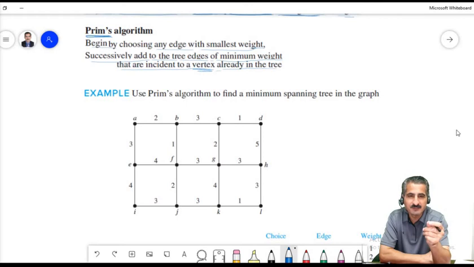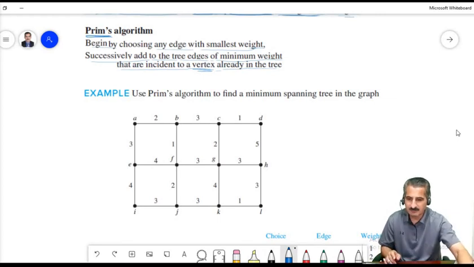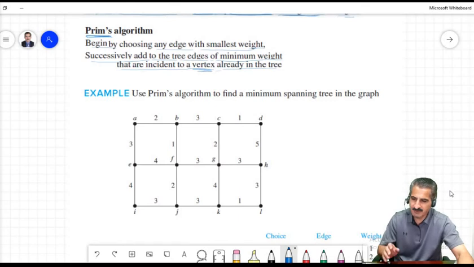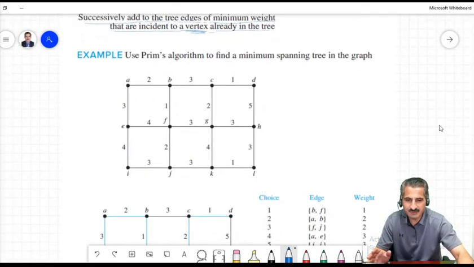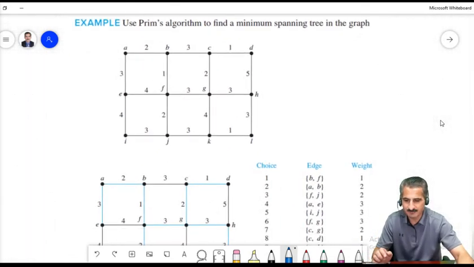And then from that vertex and also from the vertices you already have, look for the edge of the smallest weight, and then choose it. I will be able to make it clear by working through this example.